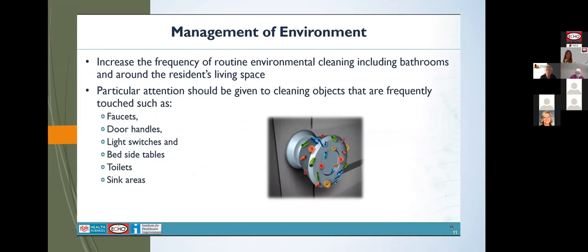We need to also make sure that we pay particular attention to cleaning objects that are frequently touched, what we call our high touch objects or items, such as faucets, and those faucets can be in the resident bathrooms as well as congregate bathrooms, door handles, light switches, and light switches not only just in resident rooms, but light switches around the organization, bedside tables, the remote controls, telephones or cell phones, toilets, and also the overall sink areas in multiple locations.